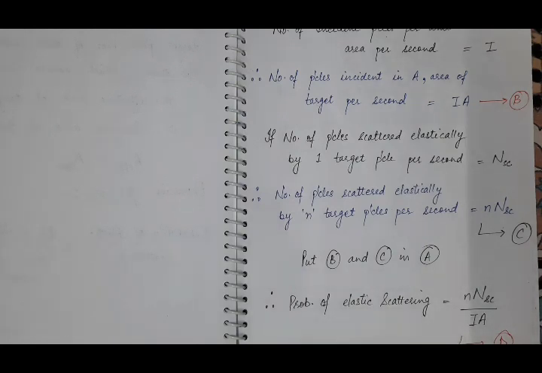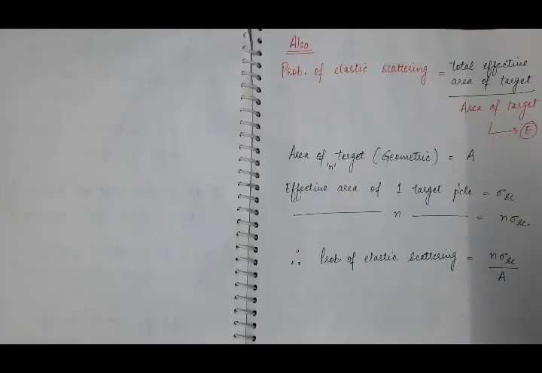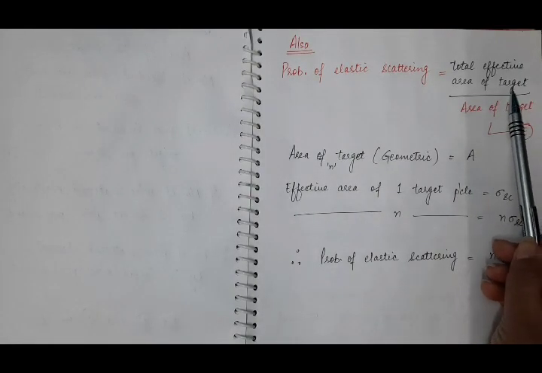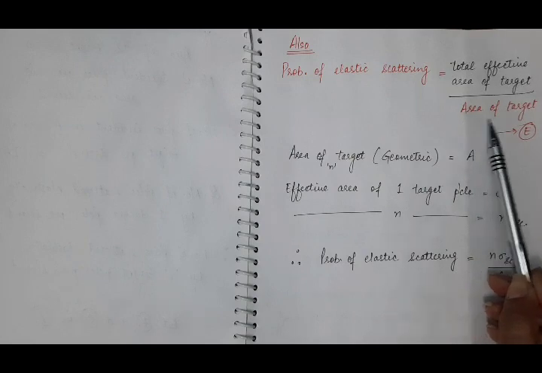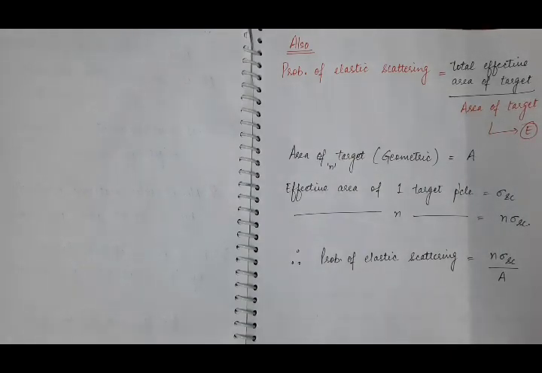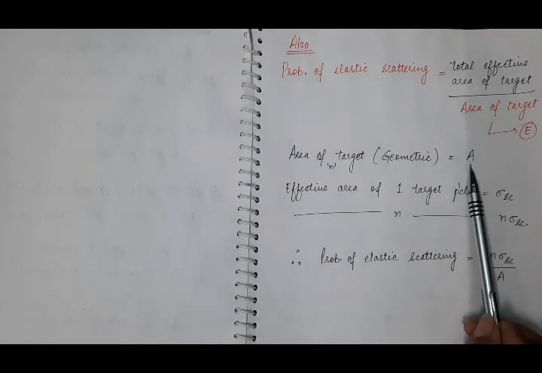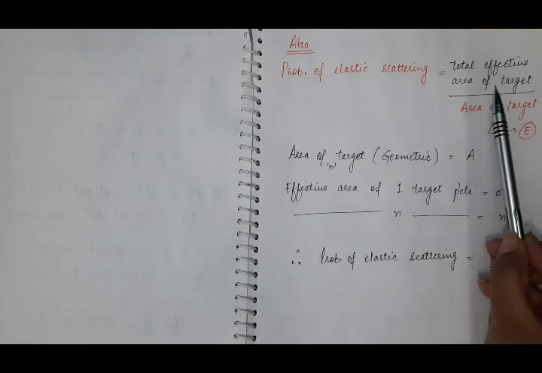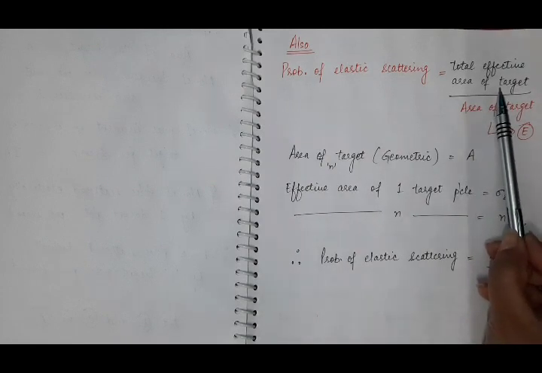There is another definition of probability. According to it, the probability of elastic scattering may also be defined as the ratio of the effective area of the target to the total geometric area of the target. We know that the geometric area of the target is A. And what is the total effective area of n target particles?